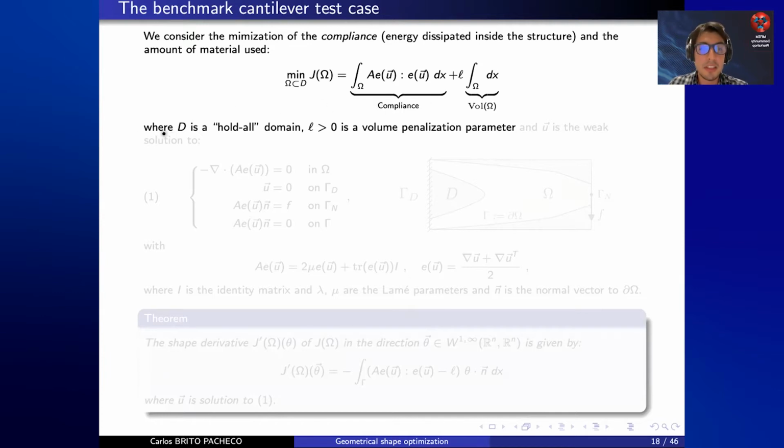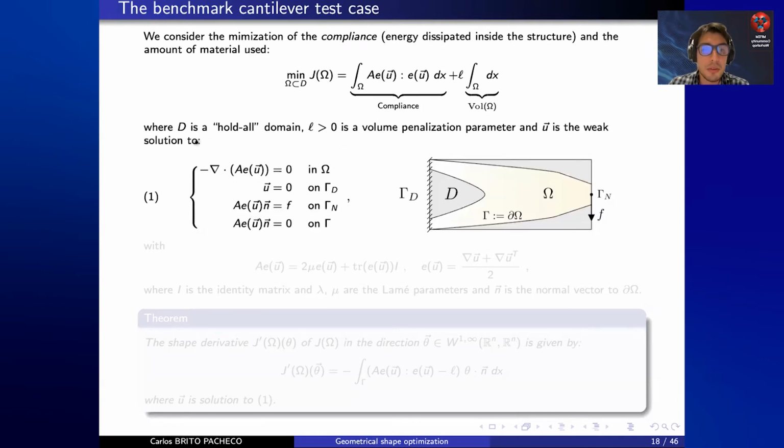Here, we will consider our shape omega to be a subset of a hold-all domain D. So our shape omega will be, I don't know, in a box or something. And we consider L a volume penalization parameter. So the higher the L, the more we penalize the volume, and the least amount of material will be used.